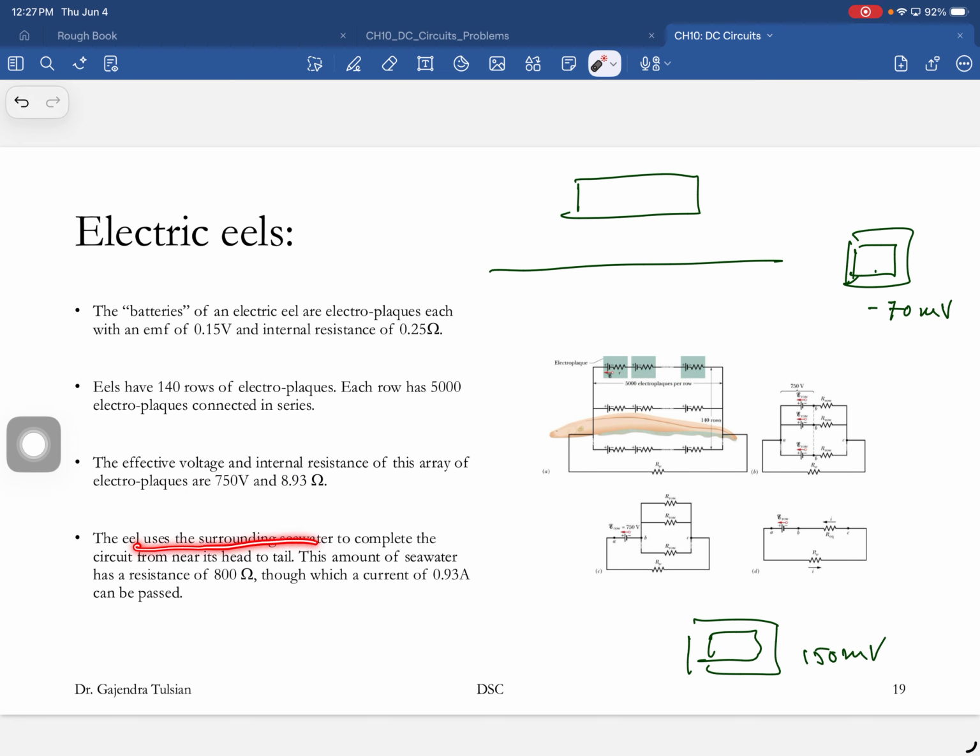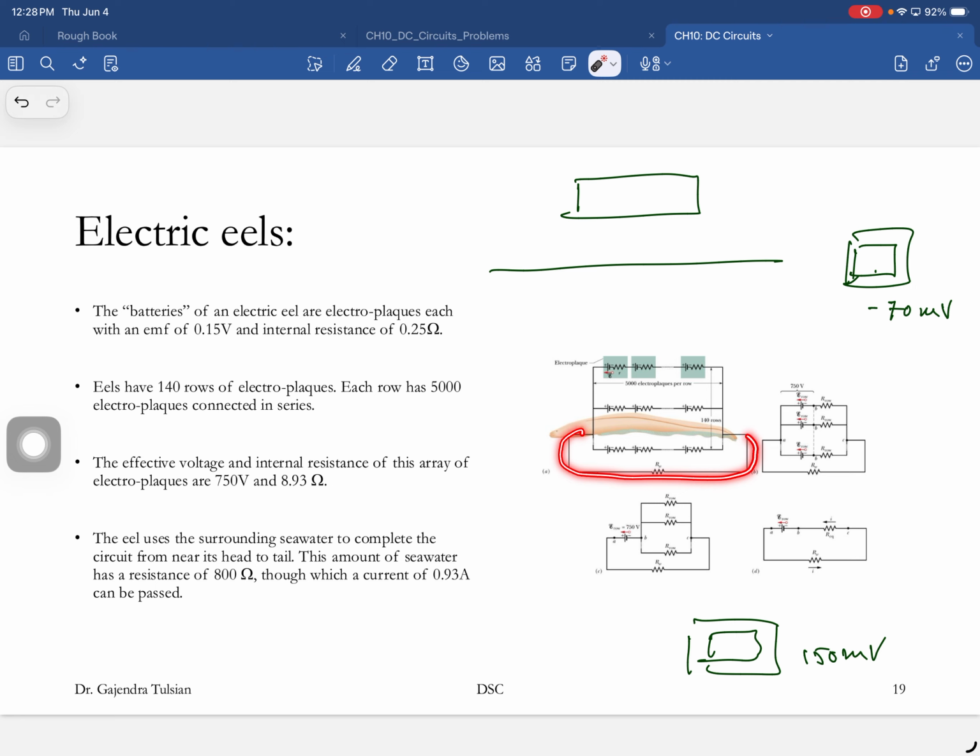The eel uses the surrounding water to complete the circuit from near its head to tail. This amount of seawater has a resistance of 800 ohms, through which a current of 1 amp can be passed. So you can pass a current of 1 amp through that fish.